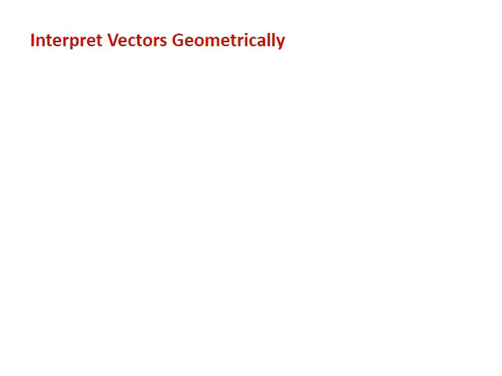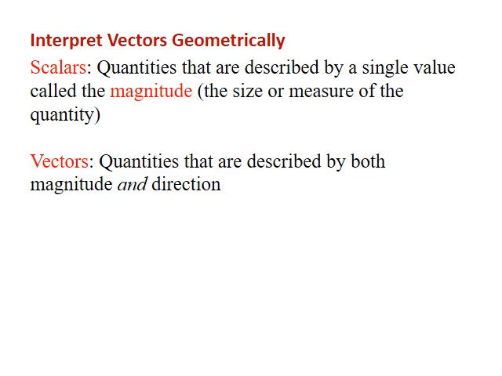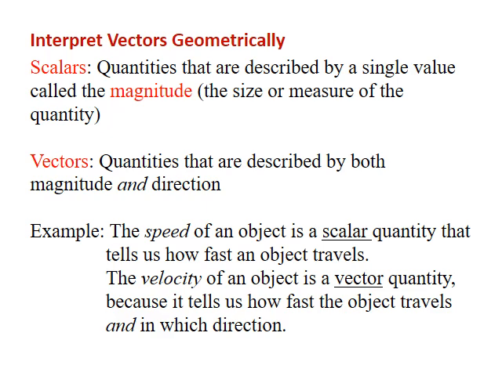Now, there's going to be a lot of information we need to cover before we get into some examples. One thing I need to explain to you are scalars. Scalars are basically the quantities that are described by a single value, which we'll often refer to as a magnitude.